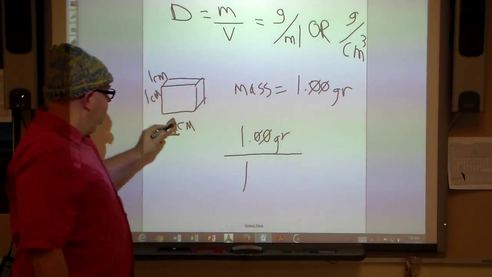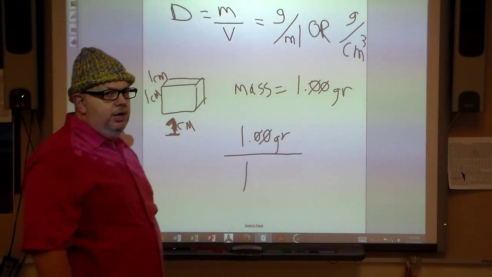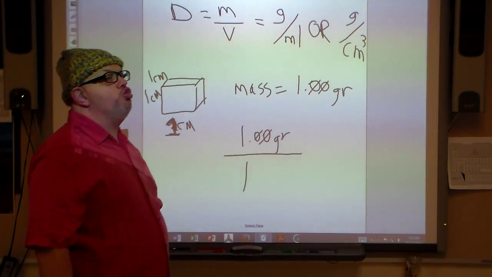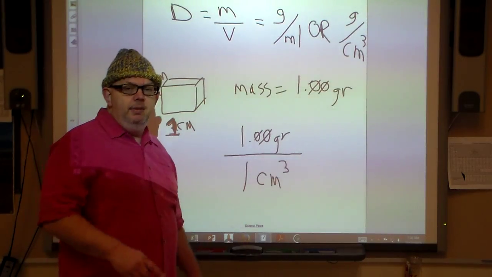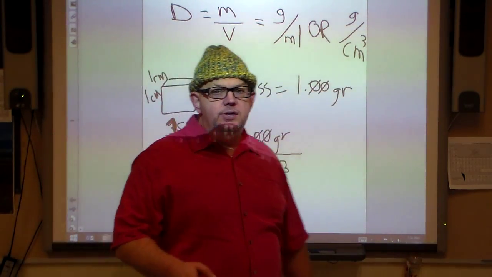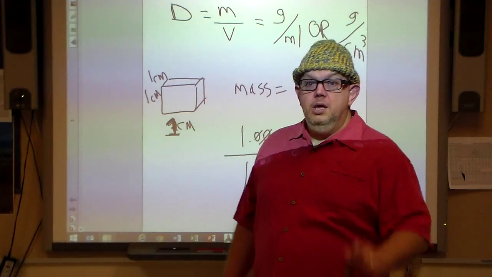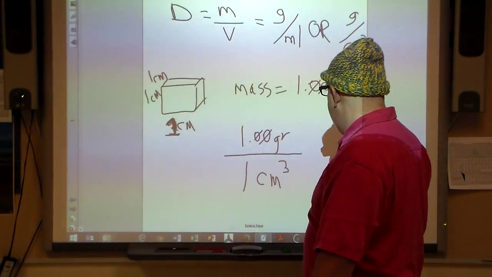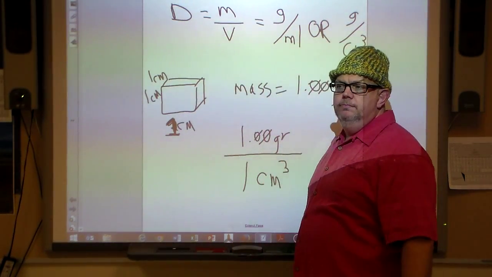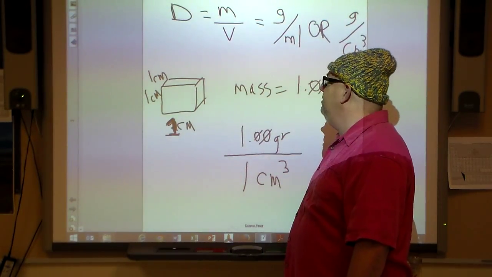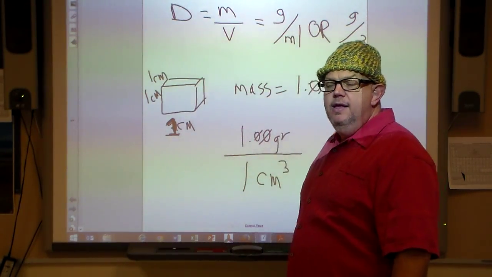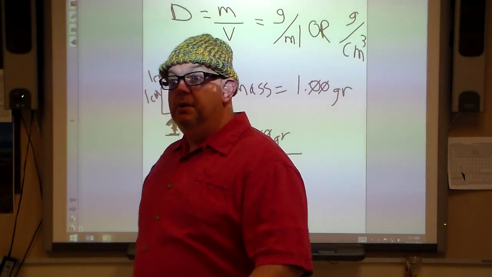Now remember, we're multiplying the centimeters 3 times, so it's going to be a cubic centimeter, right? Because centimeter times centimeter times centimeter is in fact cubed. Okay? So we got 1 gram per cubic centimeter. That would be the density of this block.